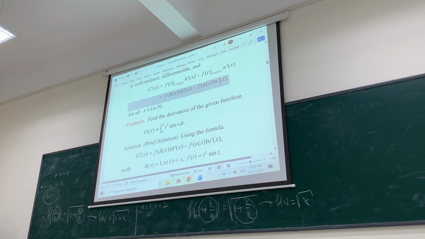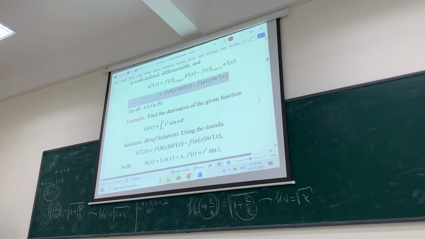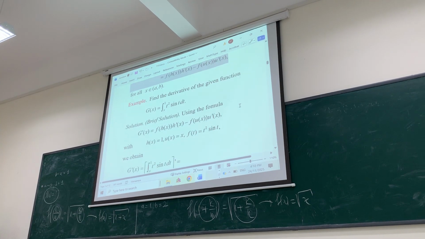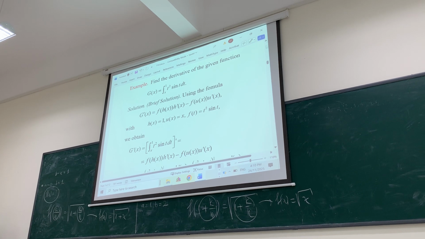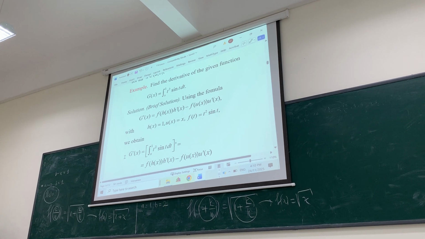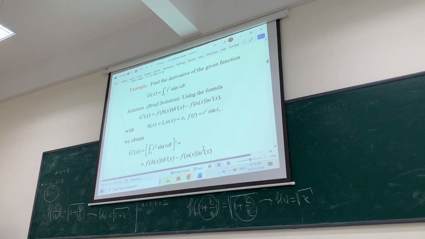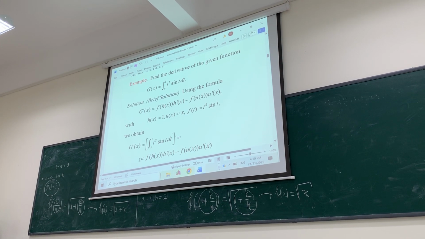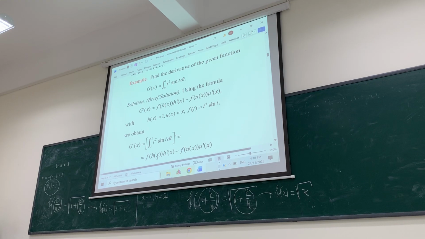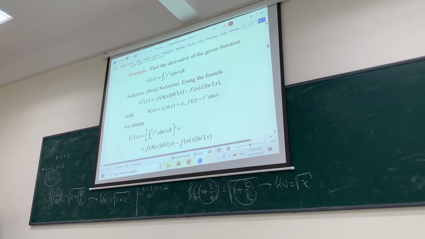Now, apply the formula. What do we have? We have Z prime of x is equal to the integral prime, equal to f(u) times u prime minus f(a) times a prime.